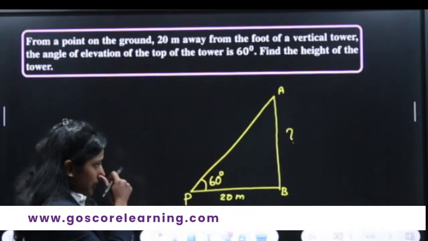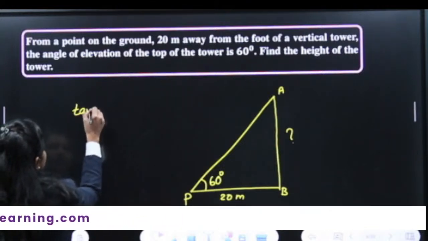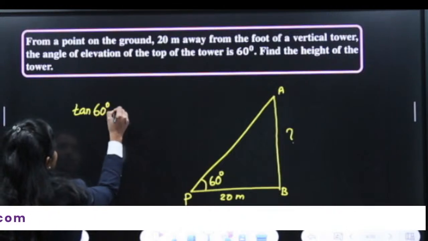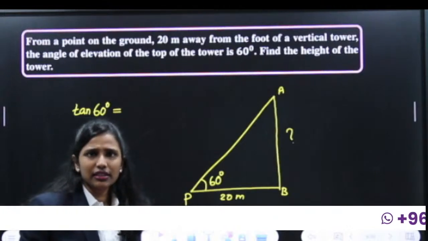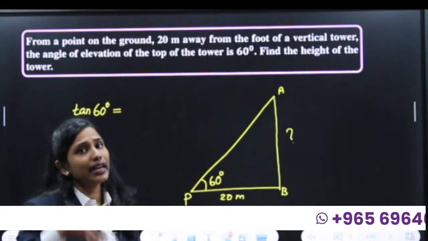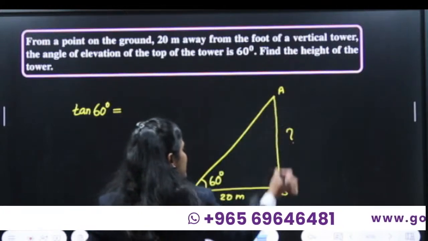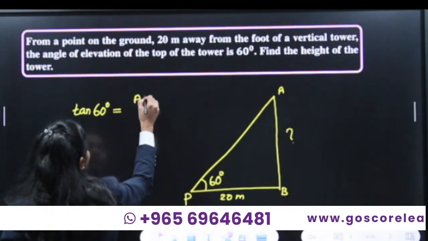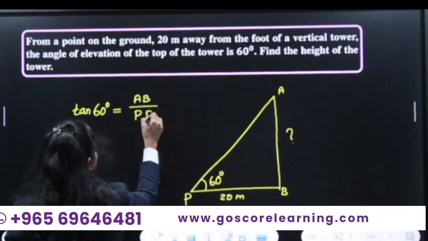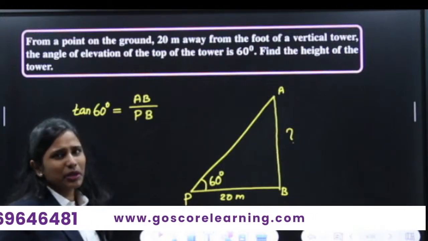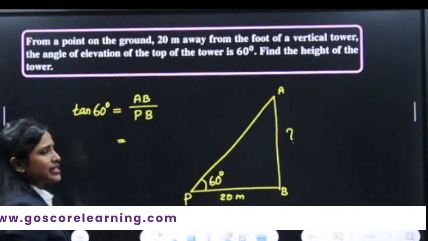So we will take tan of this angle. Tan 60. What is tan of an angle? It's the opposite side by adjacent side. So for this 60 degree angle, opposite side is AB and adjacent side is PB. Simple. Tan 60 is AB by PB. So now put the values. What is tan 60? You have to remember that.